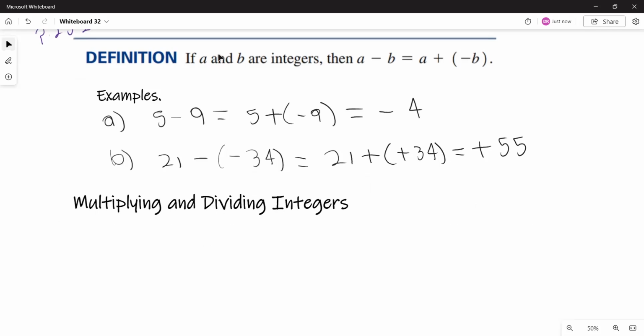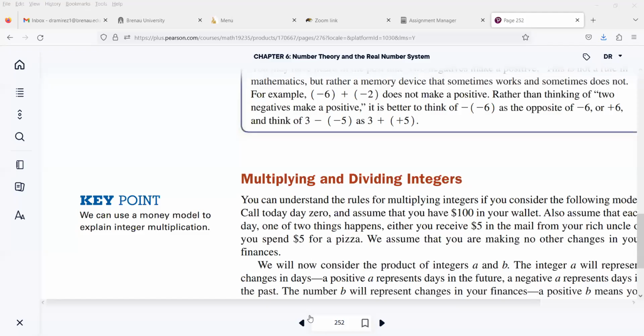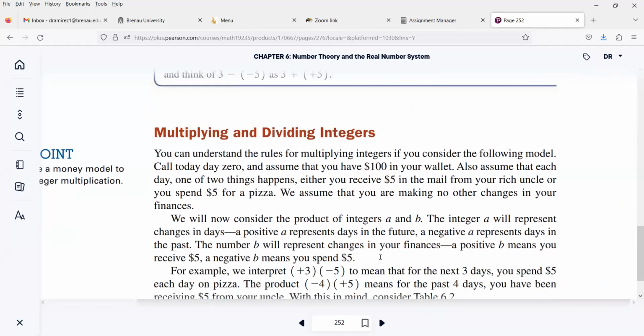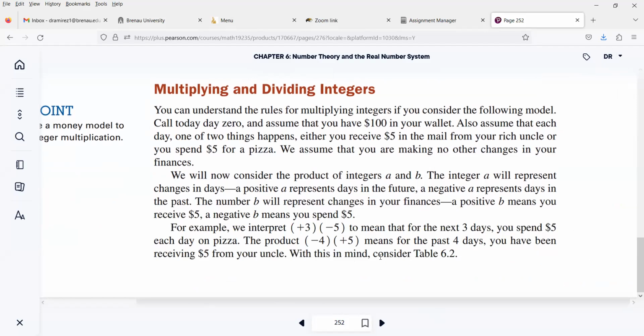I'm just going to read the situation in the book. So you can understand the rules for multiplying integers if you consider the following model. Today is day 0, and assume that you have $100 in your wallet. Also assume that each day, one of two things happens. Either you receive $5 in the mail from your rich uncle, or you spend $5 for a pizza. We assume that you're making no other changes in your finances.